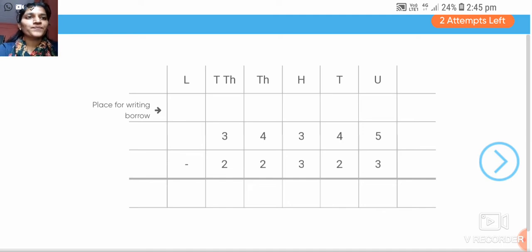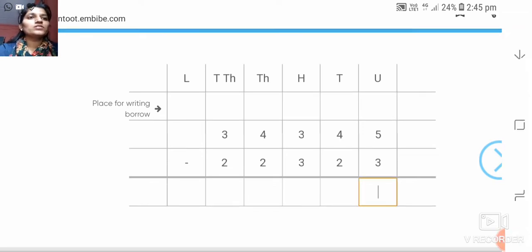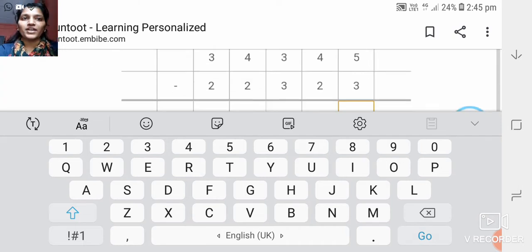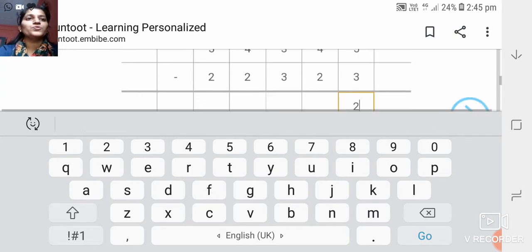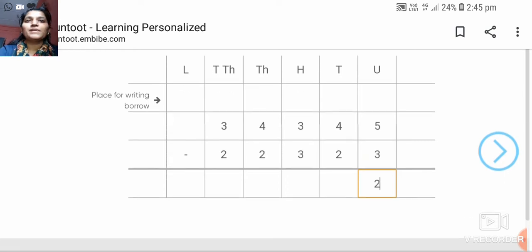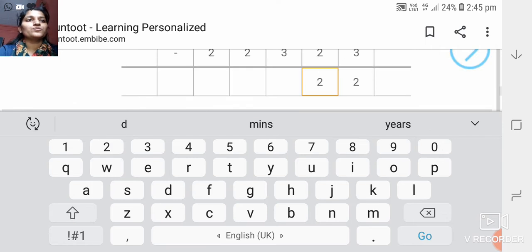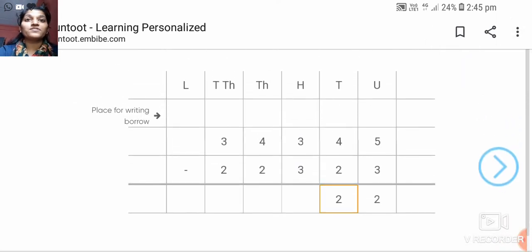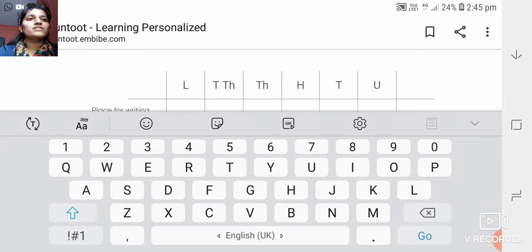Now in the ones place we are going to subtract 3 from 5. So 5 minus 3, 2. Okay. Now in the tens place we have 4 minus 2. So we are going to subtract 2 from 4. So 4 minus 2, 2. Now in the hundreds place we have 3 minus 3. So 3 minus 3, 0.